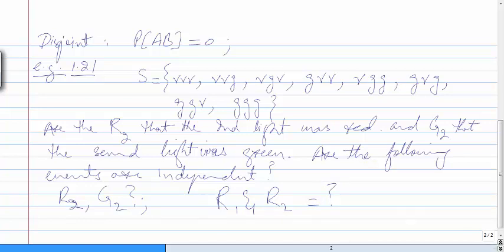Now how do we do that? First of all, it's better to write R1, if I go to the next page. So what outcomes come into R1?